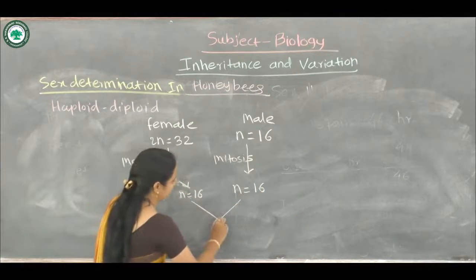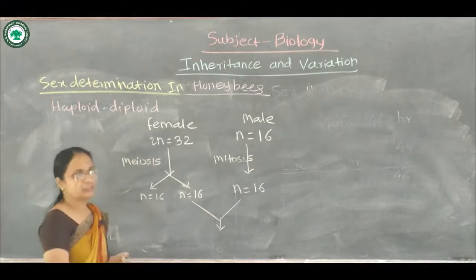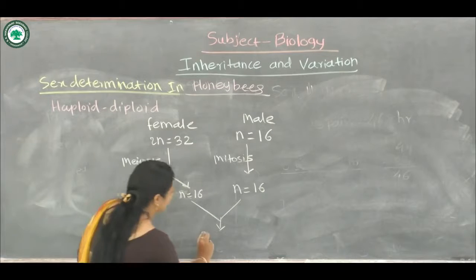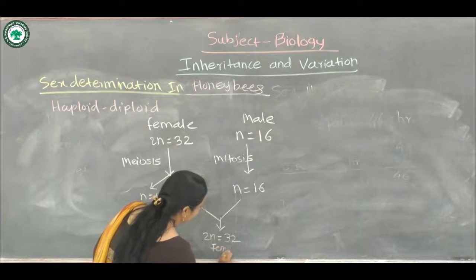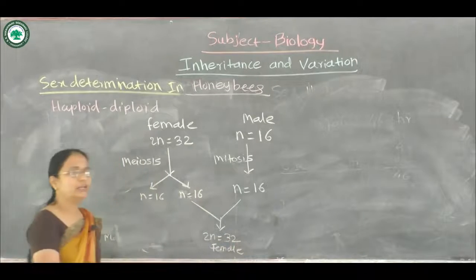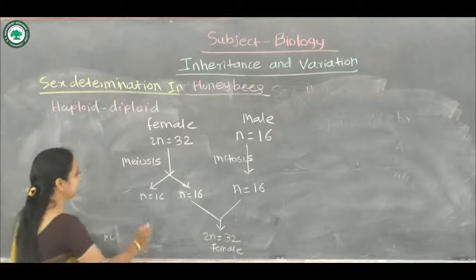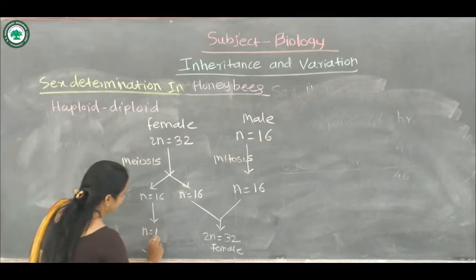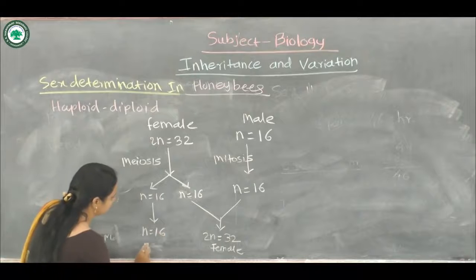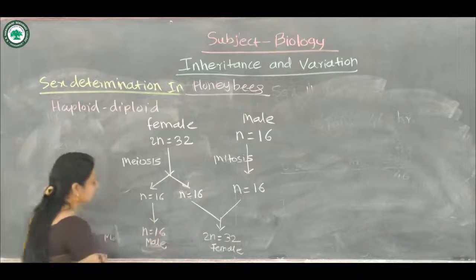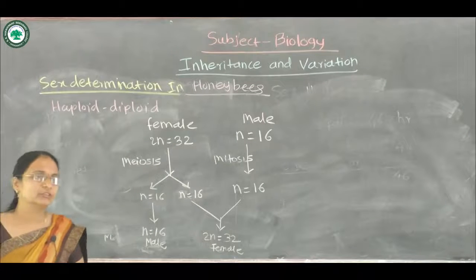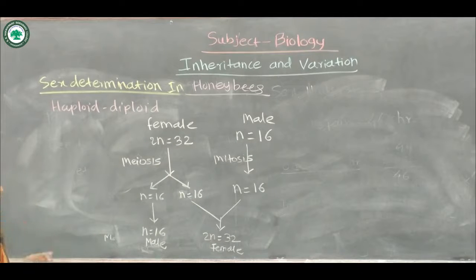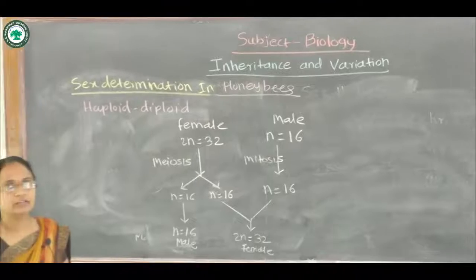When fertilization takes place, at that time the diploid chromosome number will be restored and form the female bee, that is the worker or the queen bee, and again the process of meiosis is there, and the male bee will be produced. This is about the haploid diploid method of sex determination in honeybees.